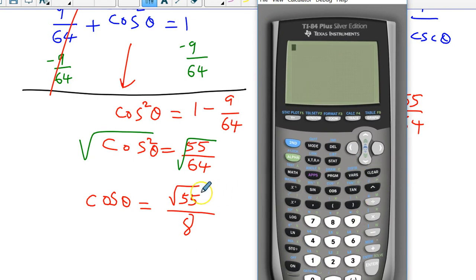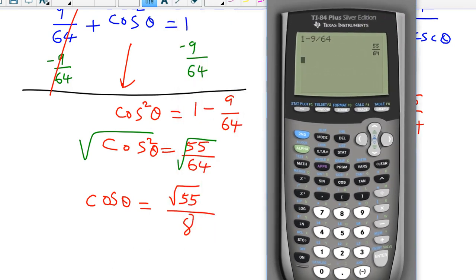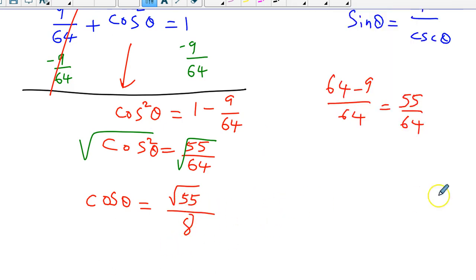Let me clear it off. So 1 minus 9 over 64, 1 take away 9 divided by 64 is equal to how much? 55 over 64. Same thing. So if you have any question or confusion about this subtraction, taking the least common multiple, etc., you can make use of a calculator. And because 55 is not a perfect square, I left it like this. So that is your cosine theta.